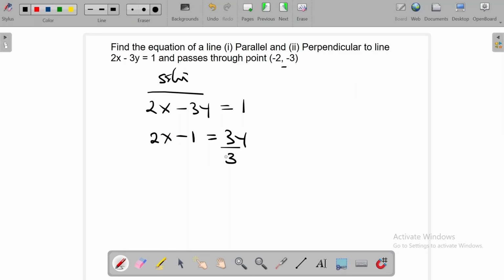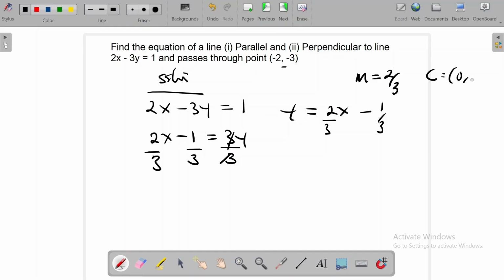If you divide here by 3, 3y over 3, so I can say y is the same thing as saying 2x over 3 minus 1 over 3. So we know the slope should be 2 over 3. And the intercept, which is c, is 0, comma what? Negative 1 over 3. So now the question says, find the equation of a line parallel and perpendicular.